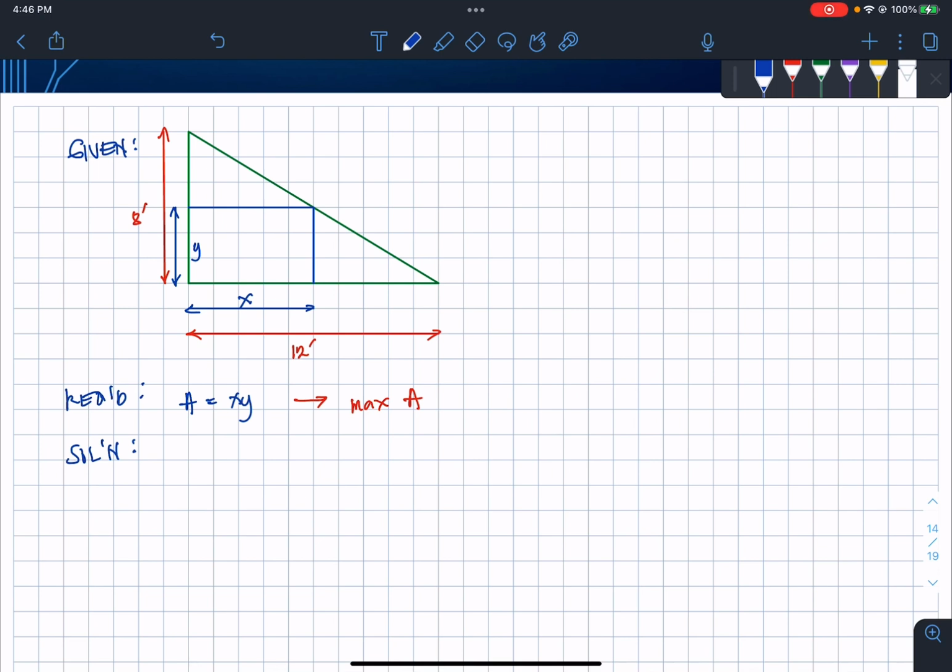There are two triangles that can be formed here. The green one is the larger triangle, with 8 feet for the height and 12 feet for the base. And then we can consider the smaller triangle, which would be this one, or I could use yellow.